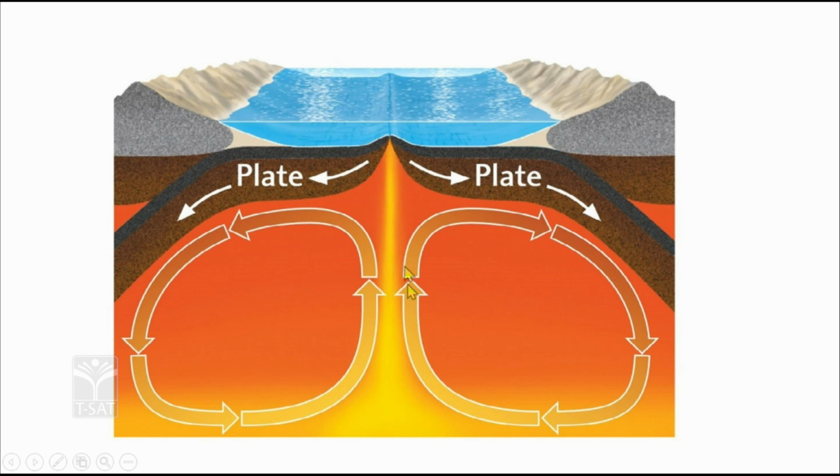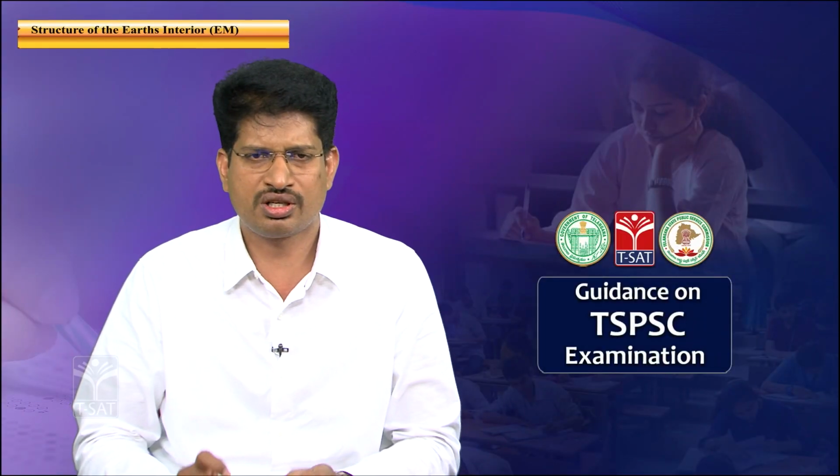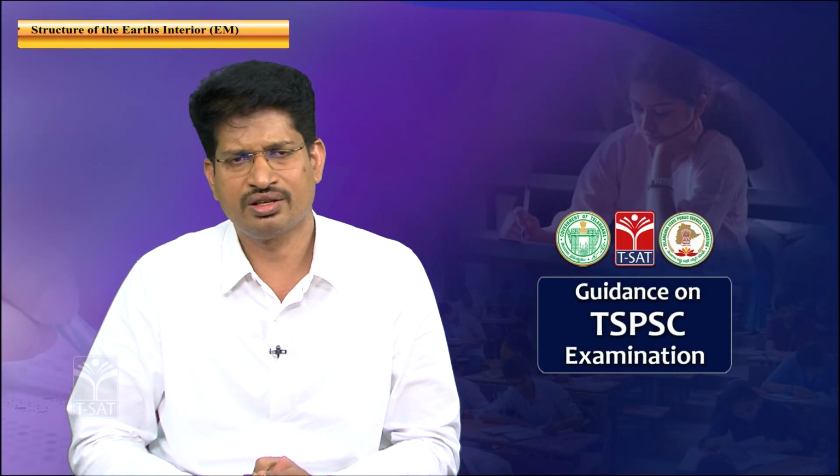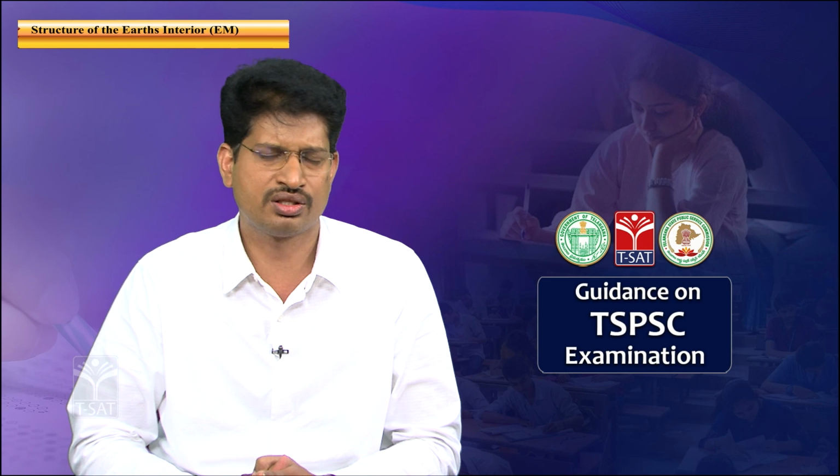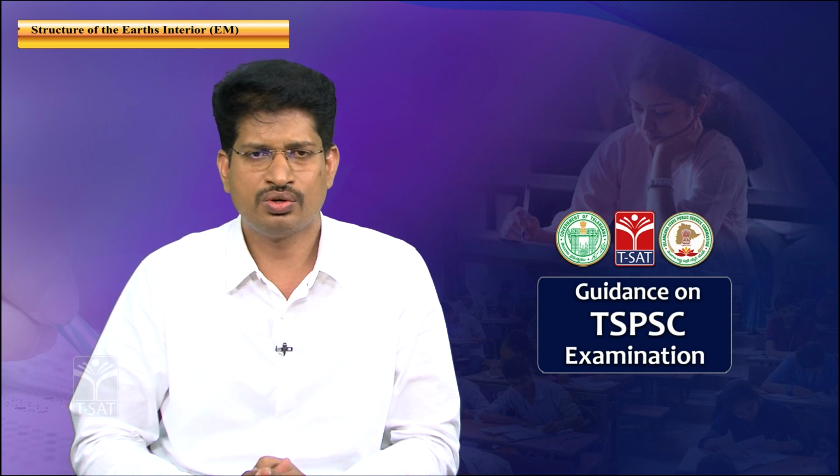The gap being formed is filled with magma, and this magma solidifies, leading to the formation of a new lithosphere. So here the lithospheric plates are being constructed. That is the reason why this boundary is also considered a constructive plate boundary.